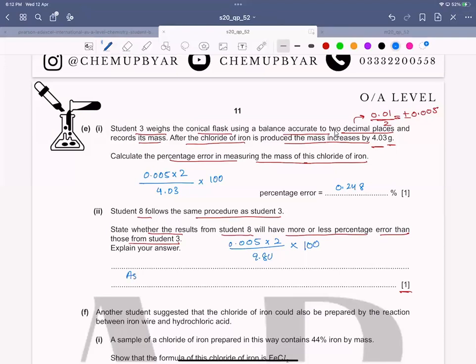We can say that a larger mass is used, so the percentage error decreased. Is this understandable to everyone? Yes, sir. Okay.